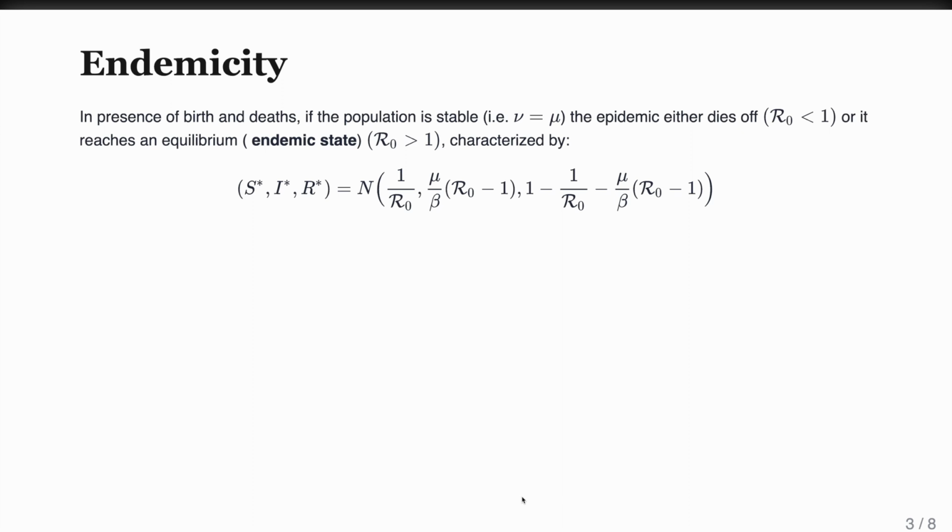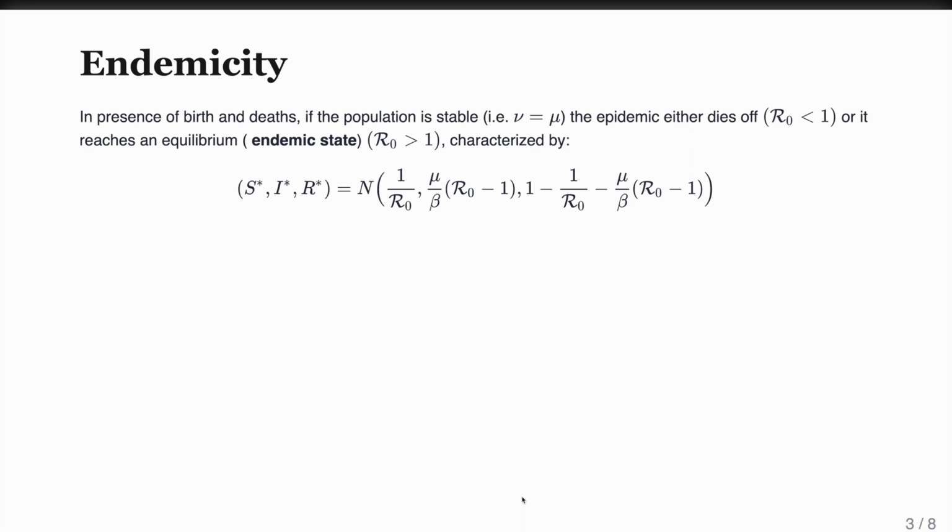As I said, it's important to include mortality and natality to account for epidemics that stay long in a population. These translate to the concept of endemicity. Endemicity happens when the dynamic of infectious disease is comparable to the natural demographic dynamic of the population.